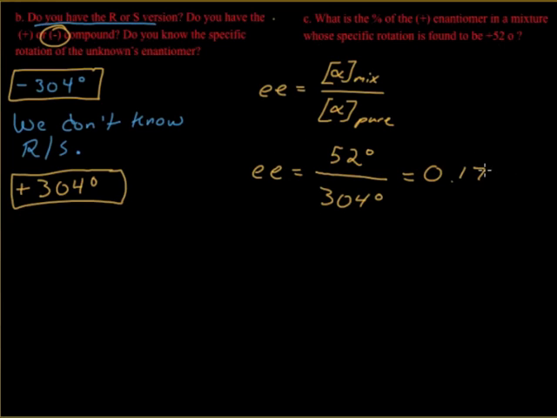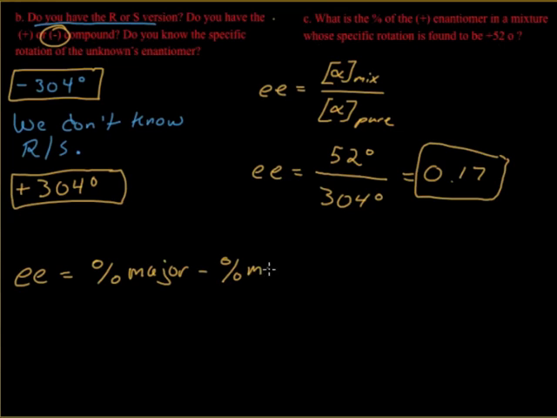Okay, so we know this much. Now we want to use our other formula for the EE, which is really just the definition of it. It's equal to the percent of the major compound minus the percent of the minor. Okay, and that was equal to 0.17, which is 17%.